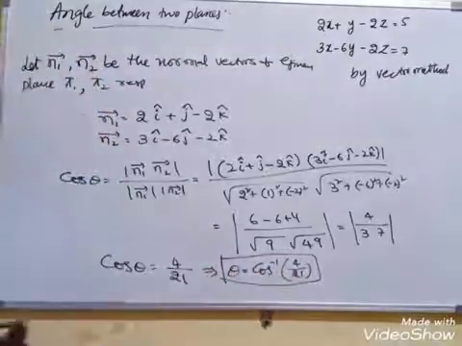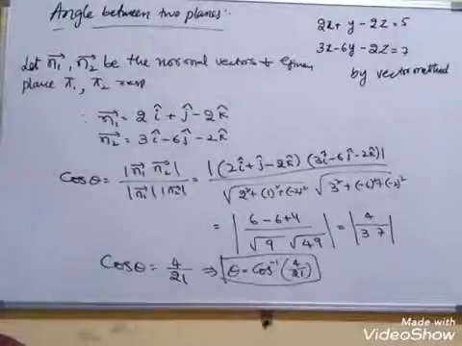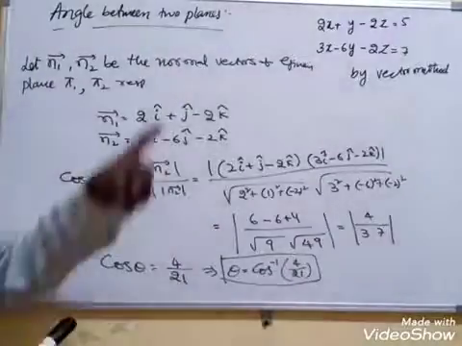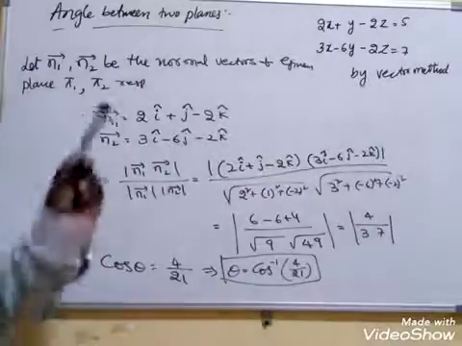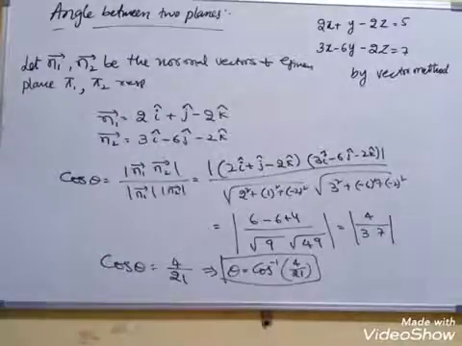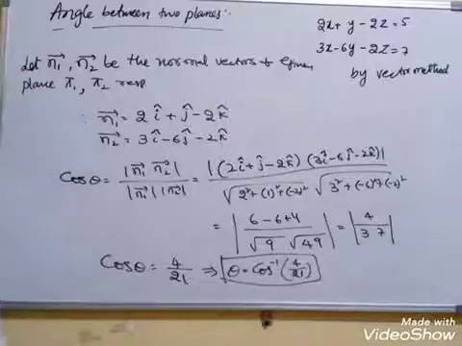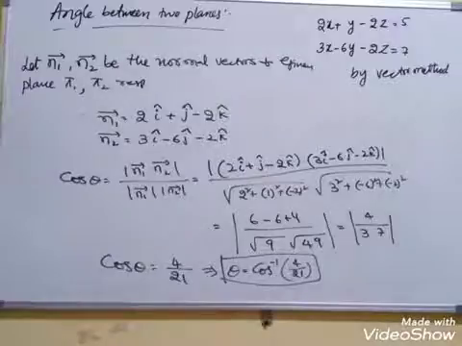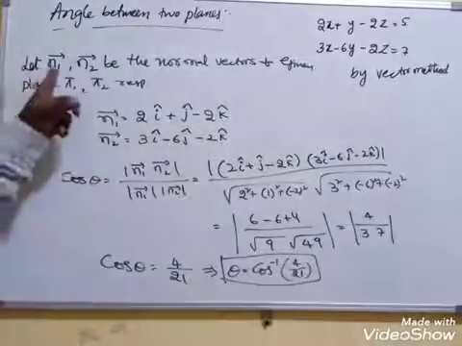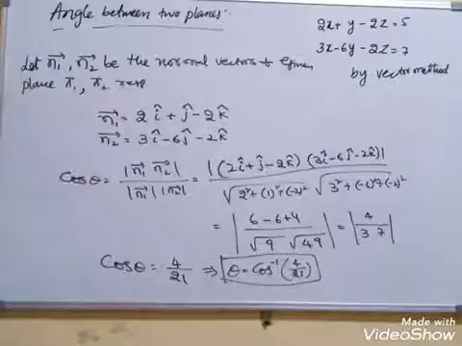Once again, here the equations are given in Cartesian form. Find the angle between the planes 2x plus y minus 2z is equal to 5 and 3x minus 6y minus 2z is equal to 7, by vector method. That's why don't go for the direct method; we are going to solve that in the next one. Let n1 bar, n2 bar be the normal vectors of the given planes pi 1, pi 2 respectively.